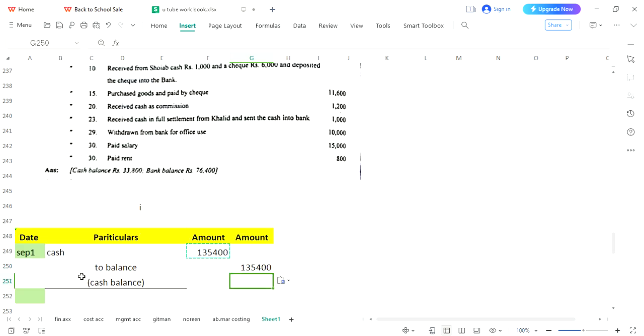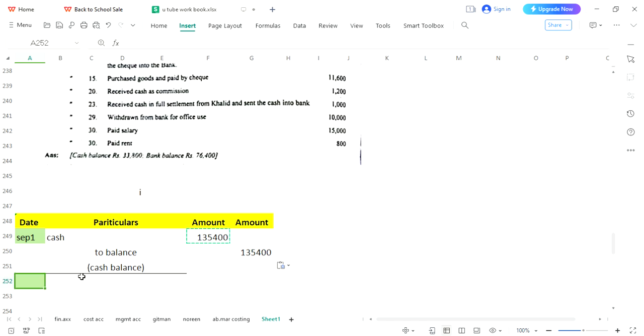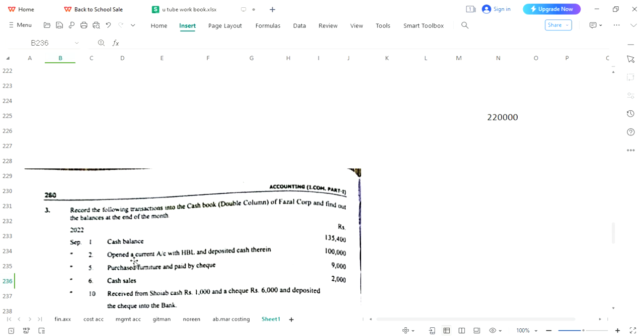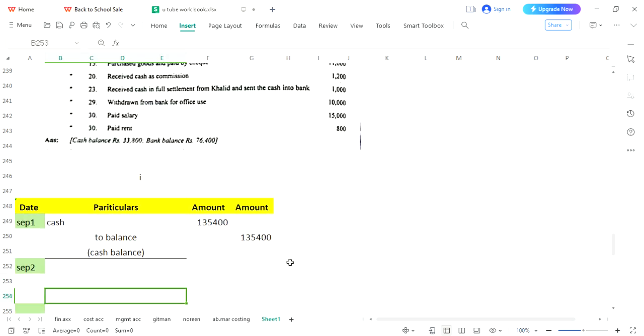It is September 2. First step is to write down the date. And now let's see what this entry is saying. Open current account with HBL, Habib Bank Limited, and deposited cash. It means what we have done, deposited cash in bank.